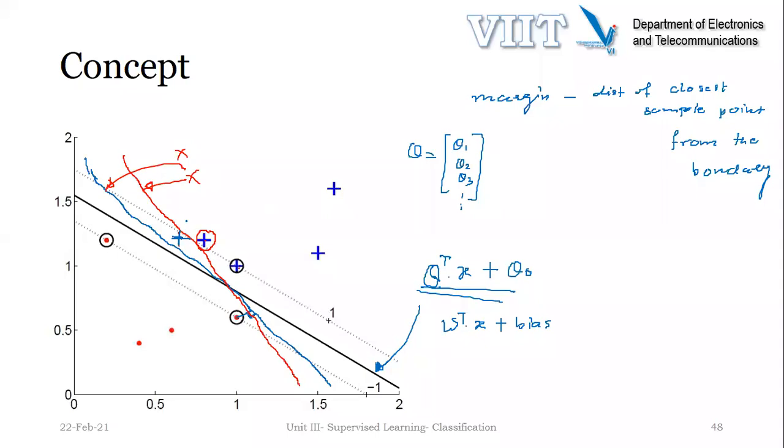next slide. So my classification boundary could be a variety of classification boundaries. Out of these, the black one, if you see the black line, it is properly balanced.